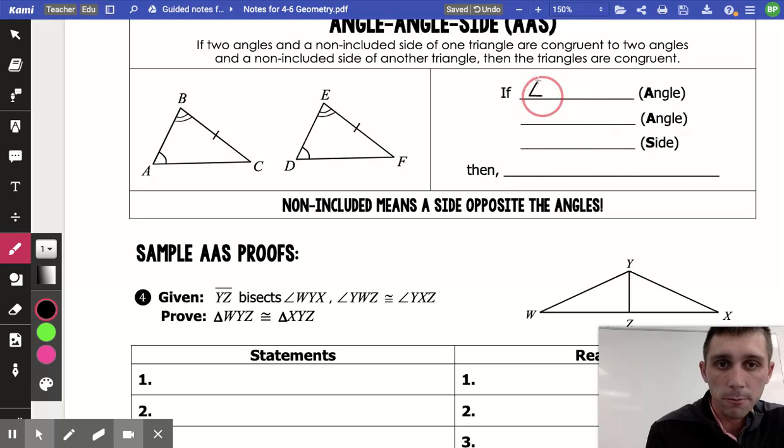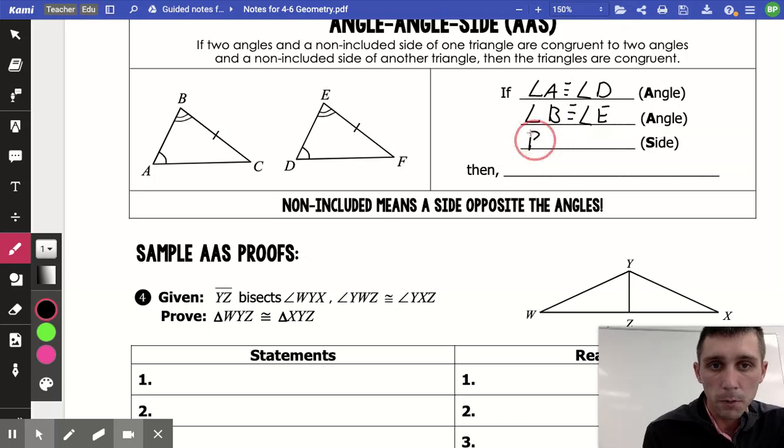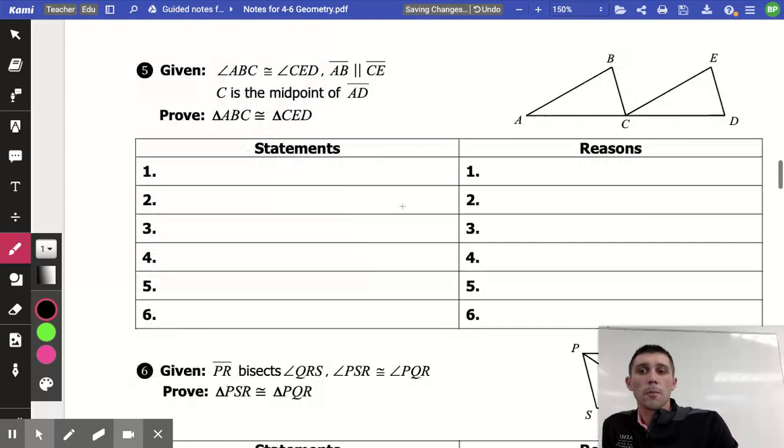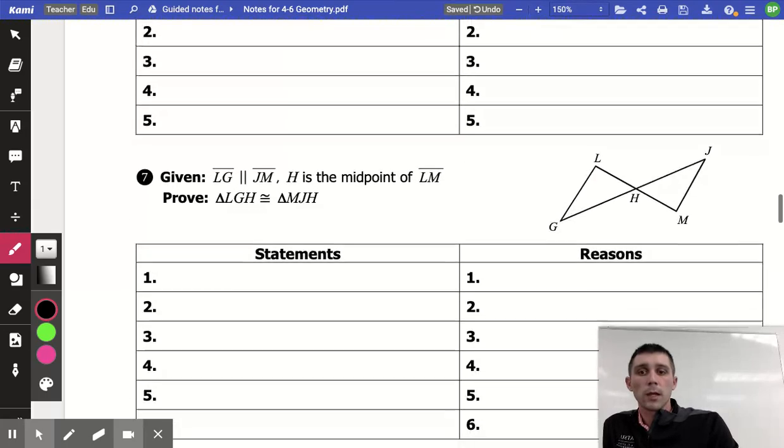So if angle A is congruent to angle D and angle B congruent to angle E and the side BC congruent to EF, then we can say triangle ABC is congruent to triangle DEF. All right? So let's take a look at a couple sample proofs here.